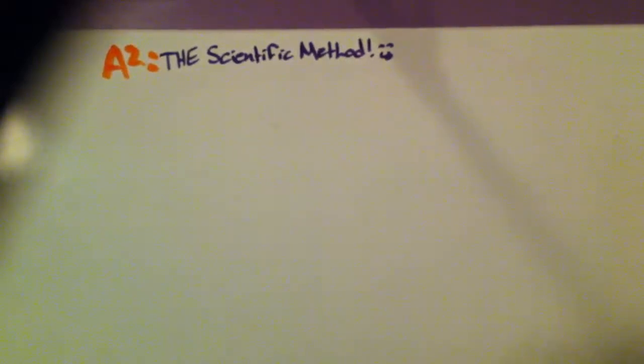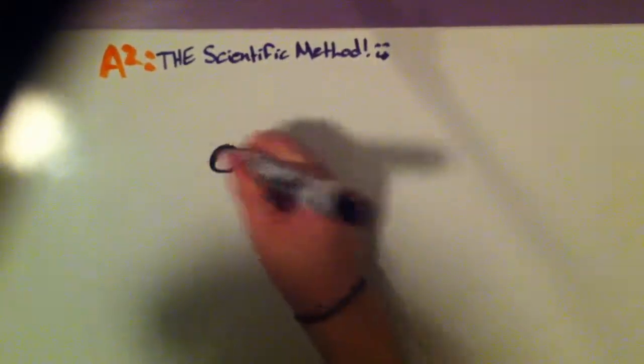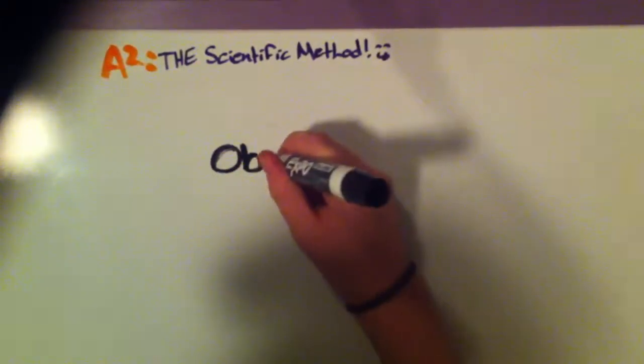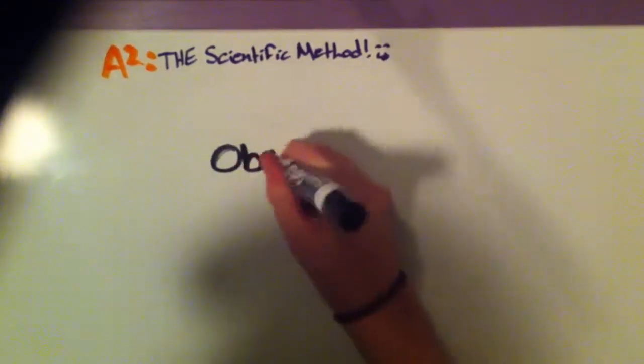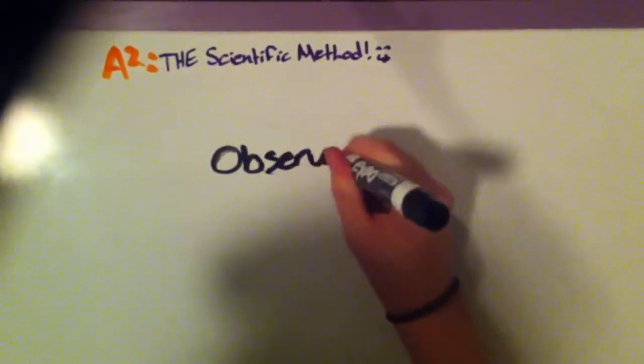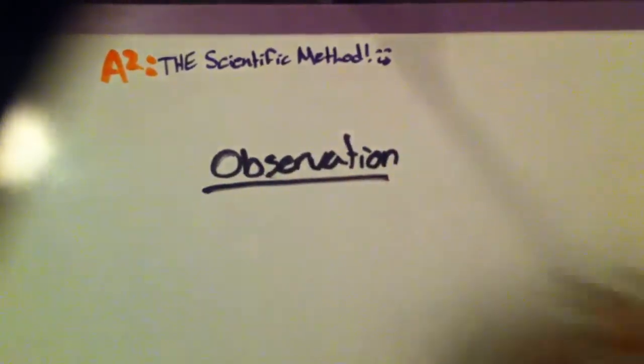The parts of the scientific method are fairly straightforward. As anyone would think, it all begins with an observation.